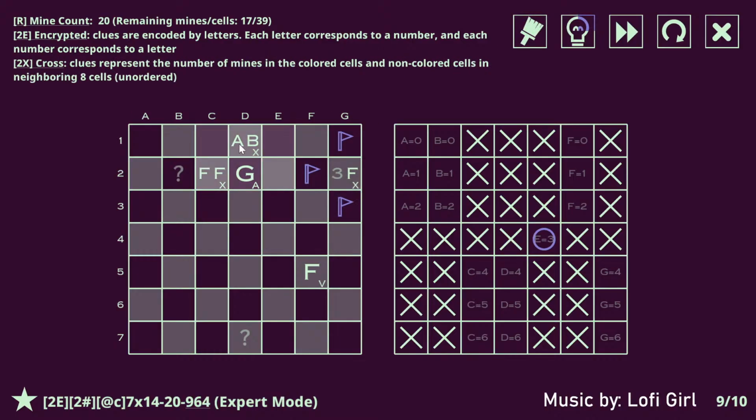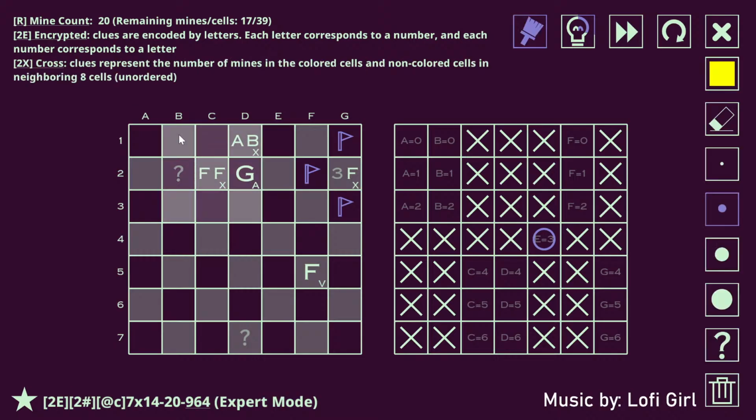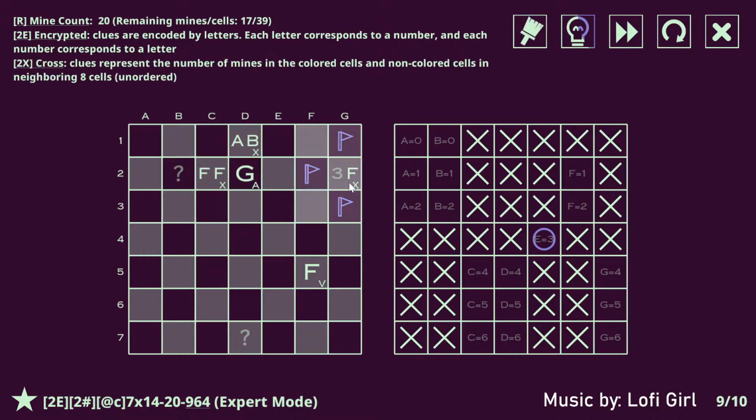F can't be 0. Because if F was 0, A and B must be 1 and 2, and then that would contradict this area over here, which must have 3 mines in it. So F can't be 0.